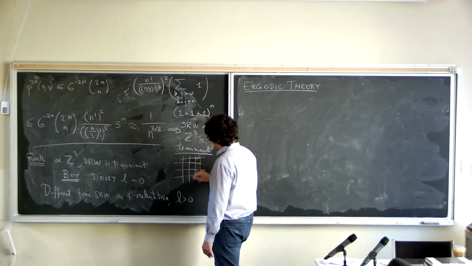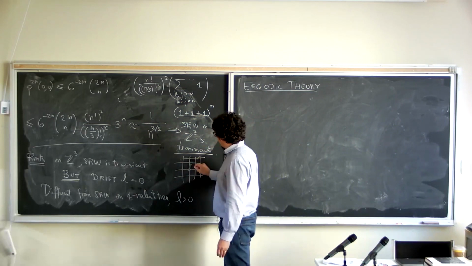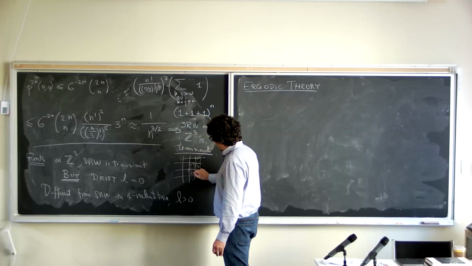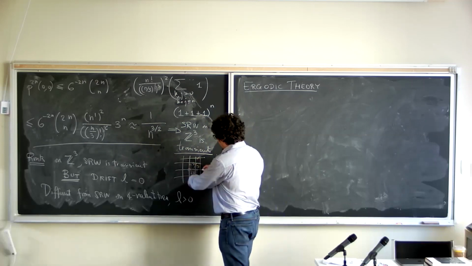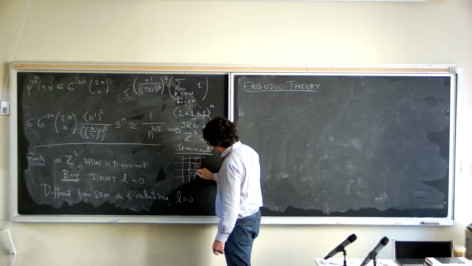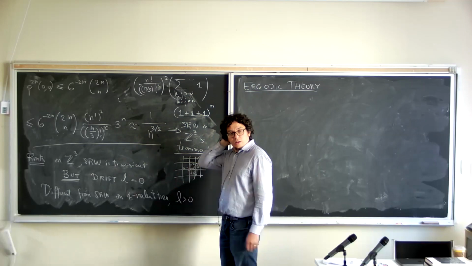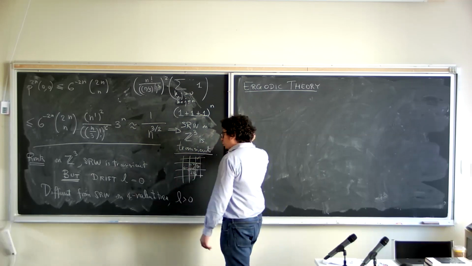You could say, I go up with probability 2/3, and I go down with probability 1/3. Or maybe 2/6 and 1/6, and then 1/4 and 1/4 in the other directions.